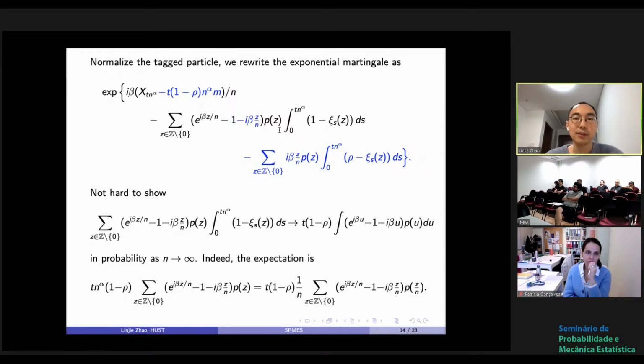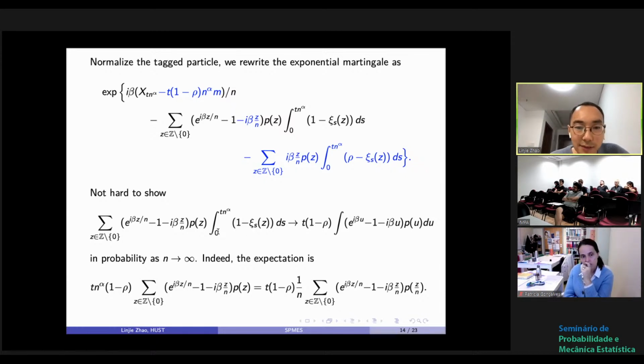If we want to know the characteristic function of the limiting wave process, then we just need to find the limit of the second and the third lines. The second line is easier. It could be dealt with as in the symmetric case.